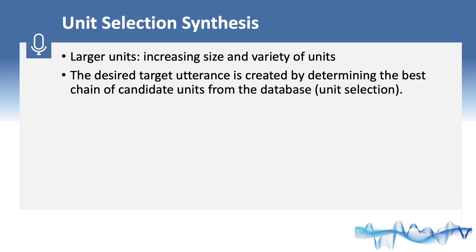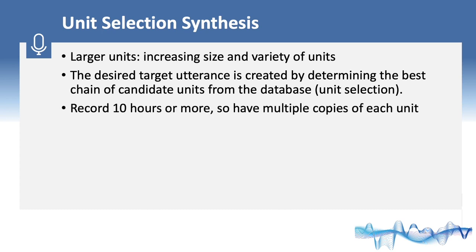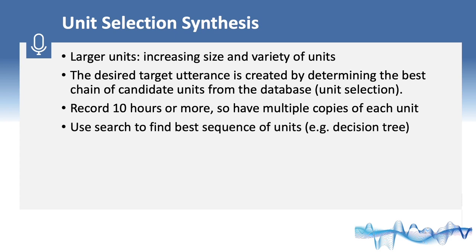This method may record 10 hours or more, so it has multiple copies of each unit. It uses a searching algorithm to find the best sequence of units, for example, a specially weighted decision tree.